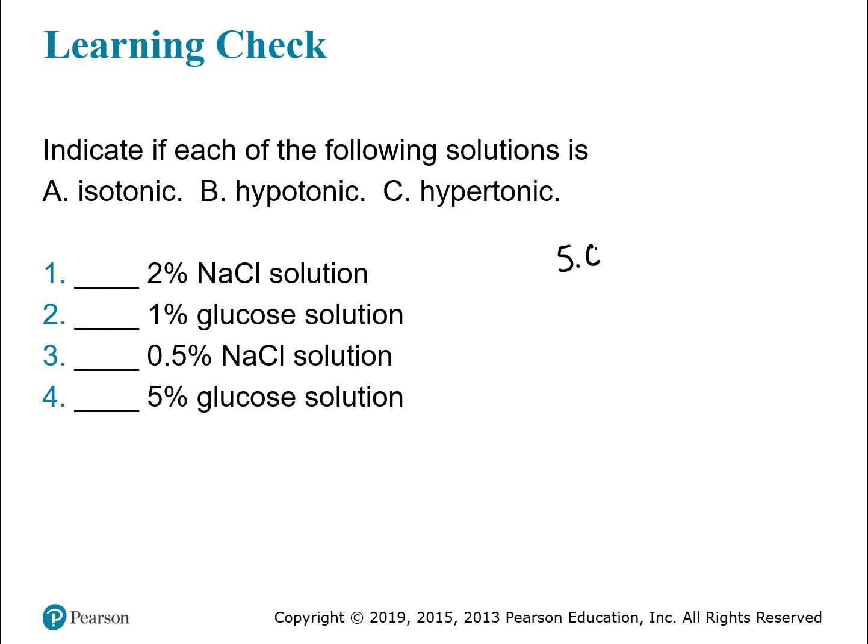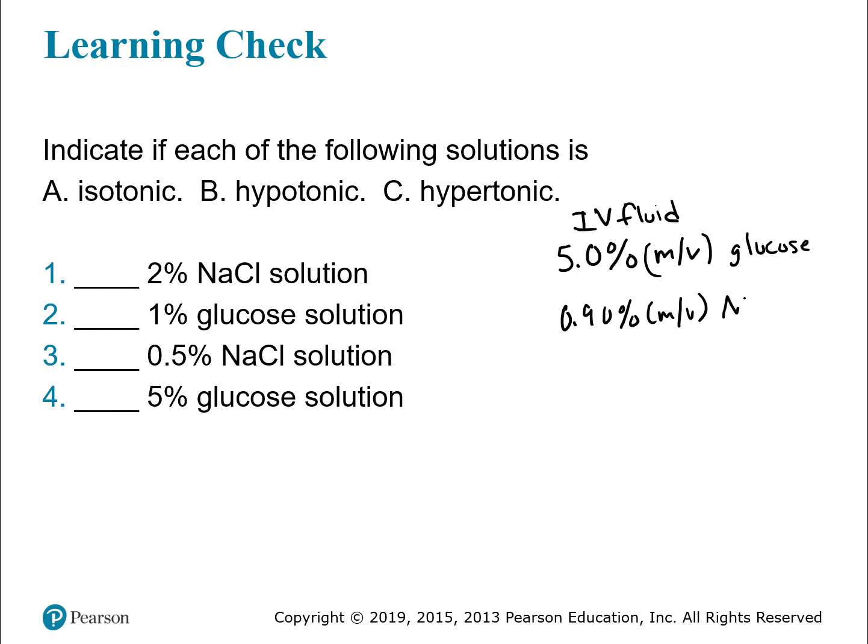So, IV solution, or IV fluid, we're talking about 5% mass by volume for glucose, and 0.9% for sodium chloride. So that's what we use in IV fluid.